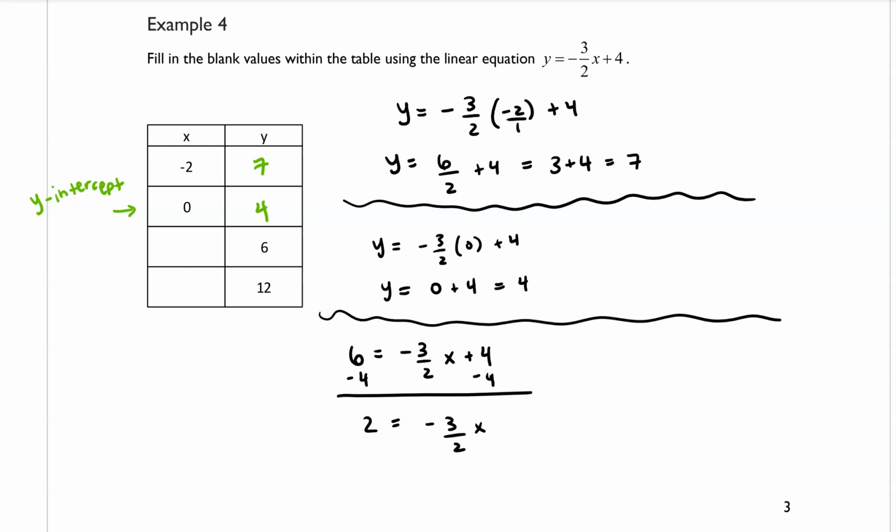From here, I'm trying to get x by itself, so I could multiply both sides by 2, and those 2's would divide out, and we would be left with 4 = -3x. And then my last step, I would divide both sides by -3, and so we would get x = -4/3.